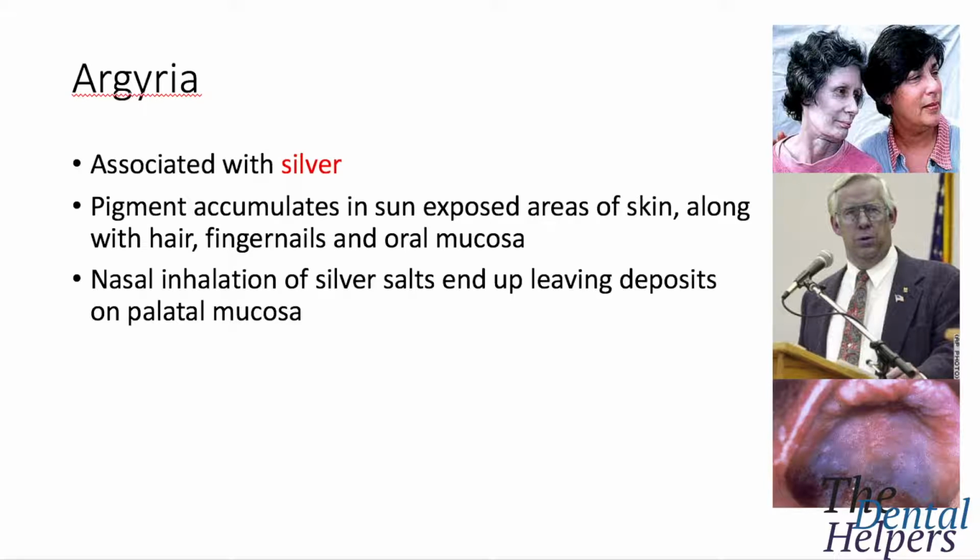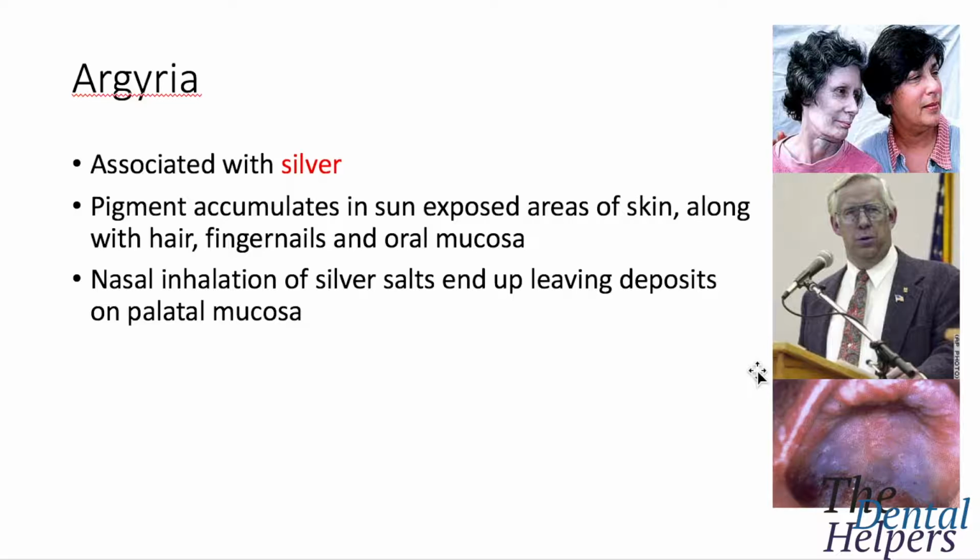Argyria. It's going to be associated with silver, and just remember, basically the patient looks silver. That's what we're seeing in this gentleman right here and this girl right here. Pigment accumulates in sun-exposed areas along with hair, fingernails, and oral mucosa.